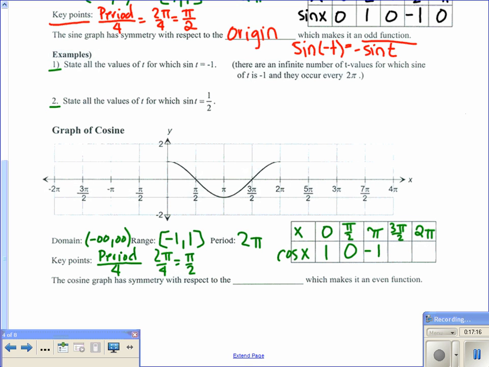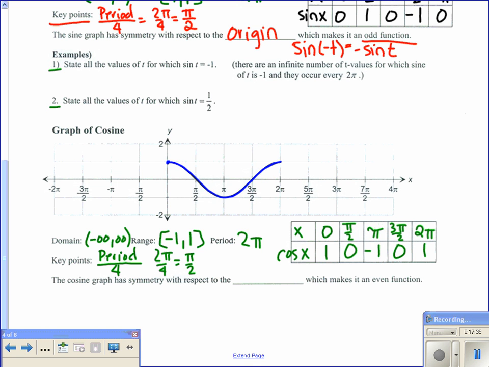The cosine of pi is negative 1, 0, and then the cosine of 2 pi would be equal to a value of 1 again. So notice that now our graph starts up here. So this is the first wave, or the first cycle for my cosine graph. So notice it starts at 1 instead of starting at 0 and goes down first. So this is the shape that you should know for the first wavelength.